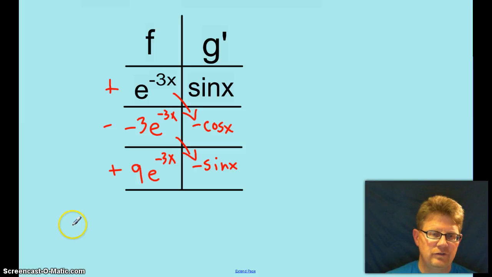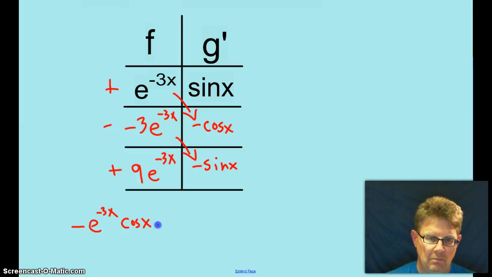And the integral is negative e to the negative 3x cosine of x. Okay, we've got a negative and a negative and a negative. 3 negatives multiplied together, minus 3 e to the negative 3x sine x.